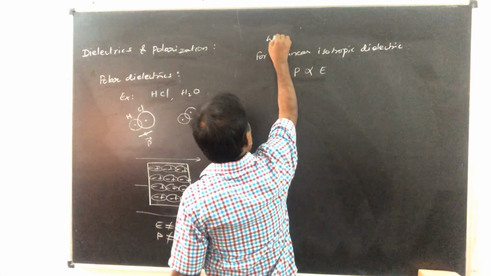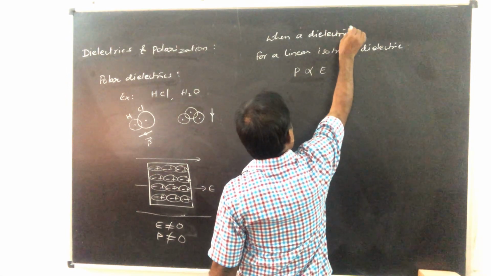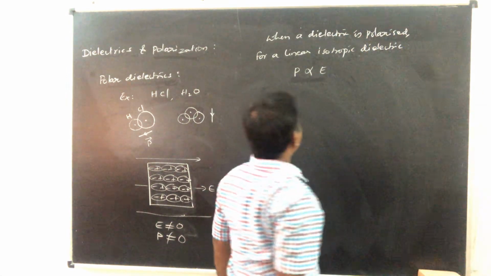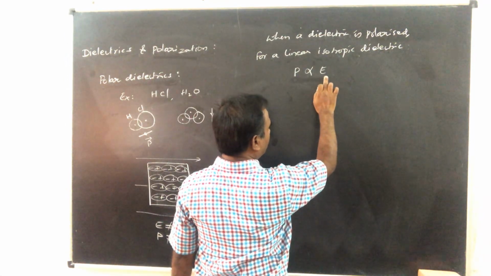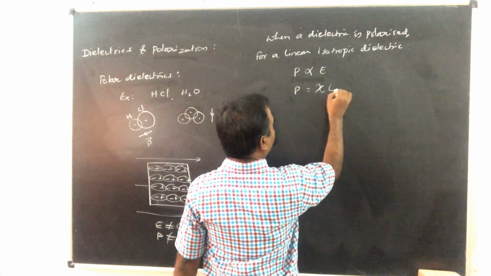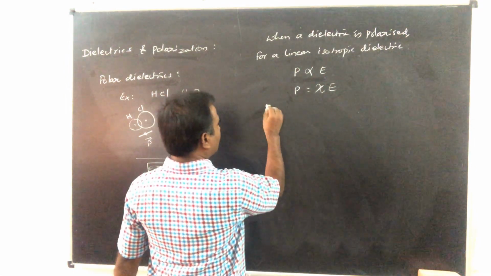So, when a dielectric is polarized, for a linear isotropic dielectric, P is proportional to E. Therefore, this P is equal to some chi into E. This chi is called electric susceptibility.